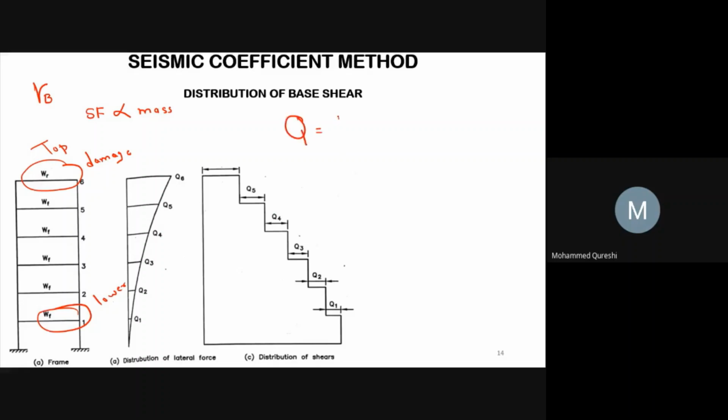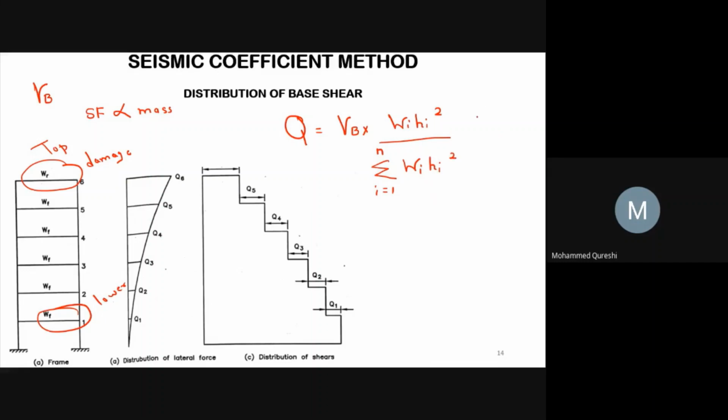Q equals VB into Wi Hi square upon summation of i equals 1 to n, whatever the number of floors, Wi into Hi square.